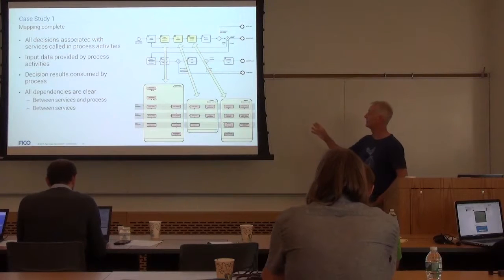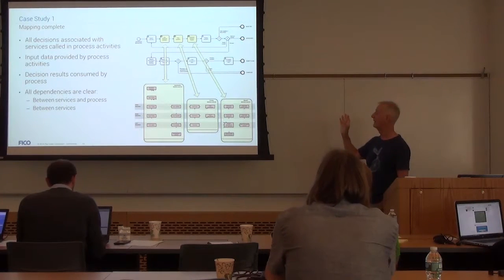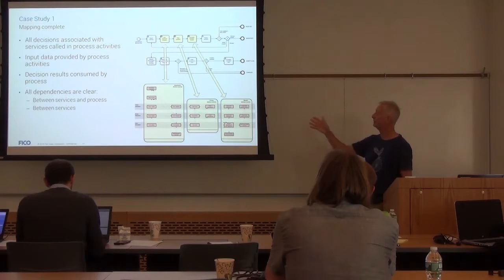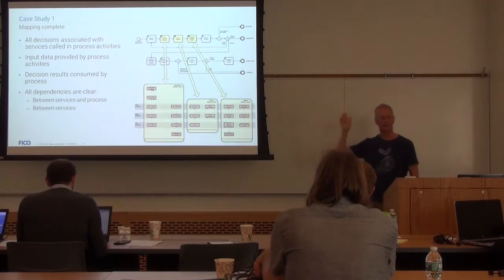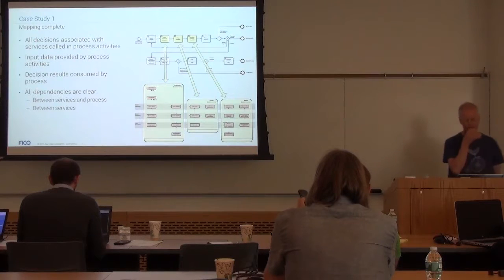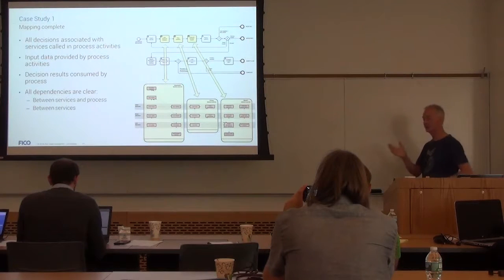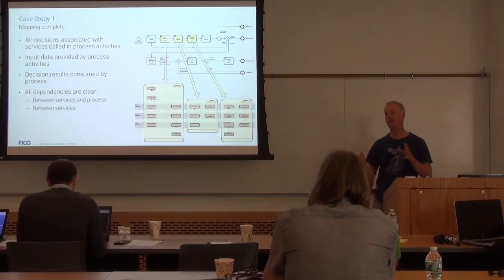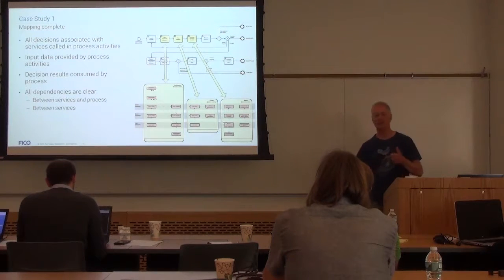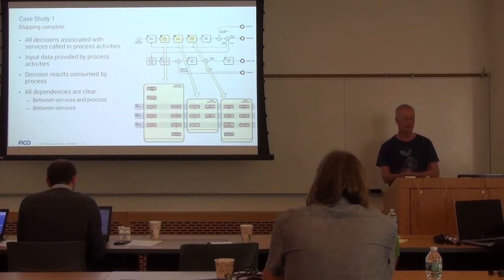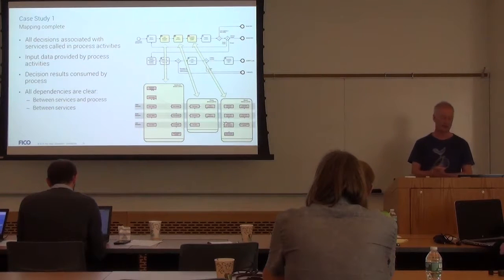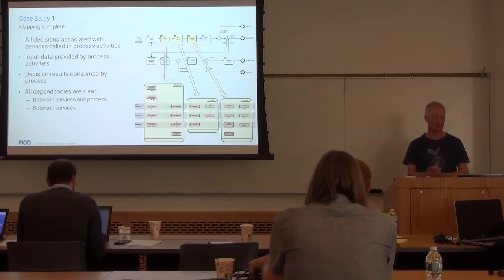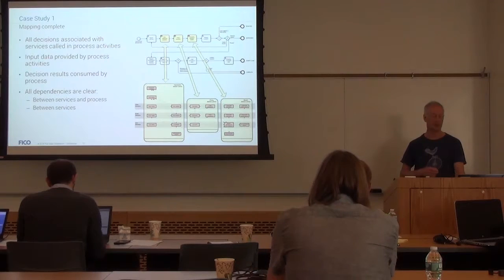All the results returned by the services are used in particular activities of the process. And we have the dependencies between the services. So we have a complete mapping through the project. So that shows you how, in principle, we use BPMN and DMN together in drawing out the requirements and structure of the machine for the project.